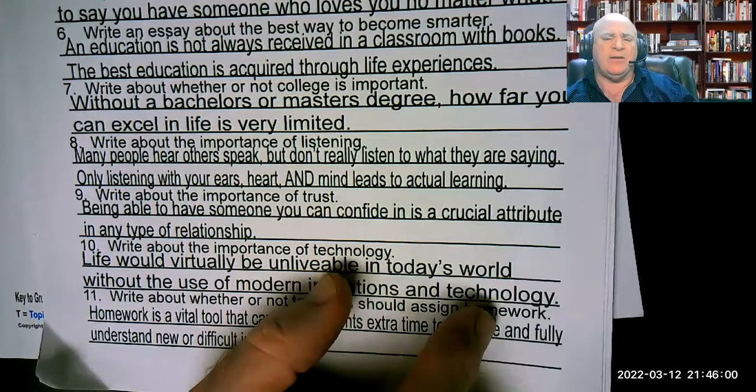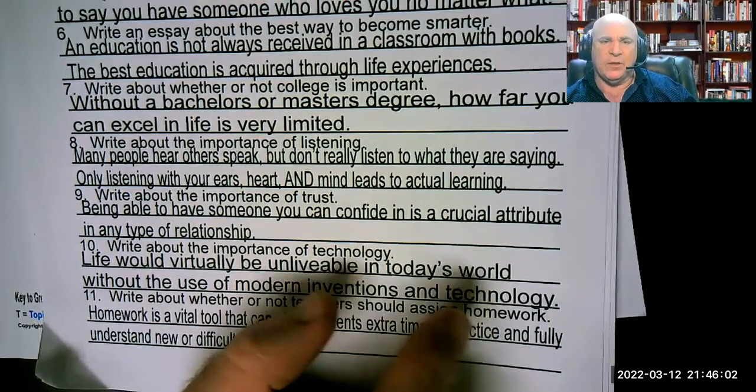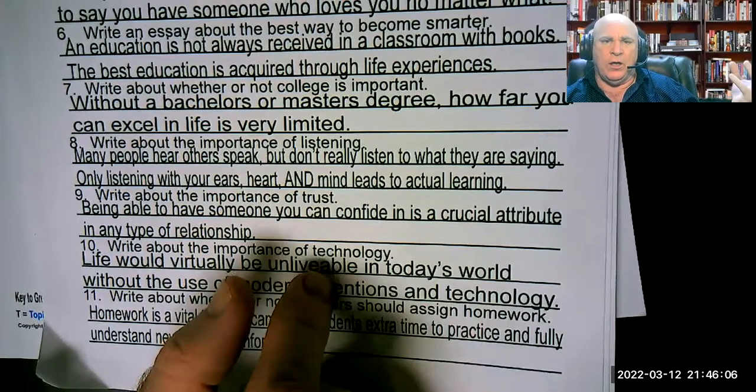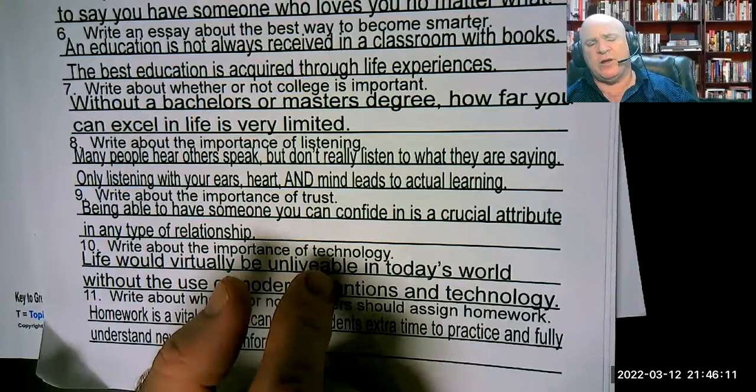And so I would have to have an example from my own life, a personal experience, things that we actually use in our homes or in school or in vehicles that we travel in every day, buses.